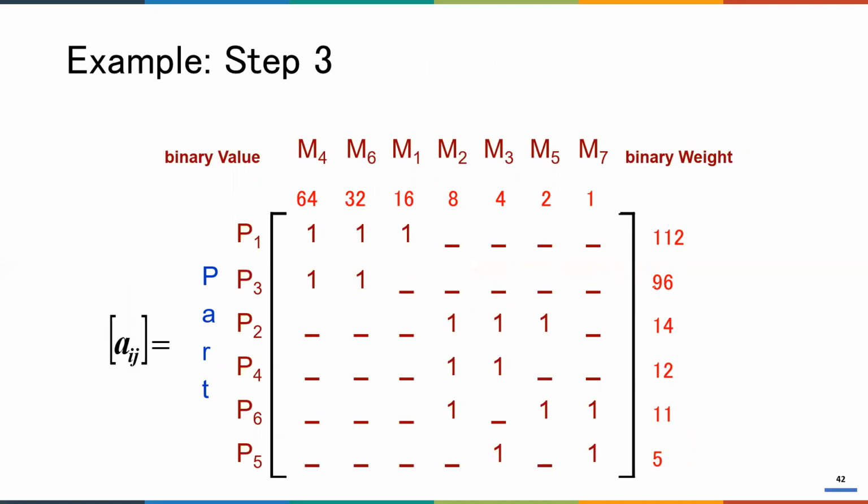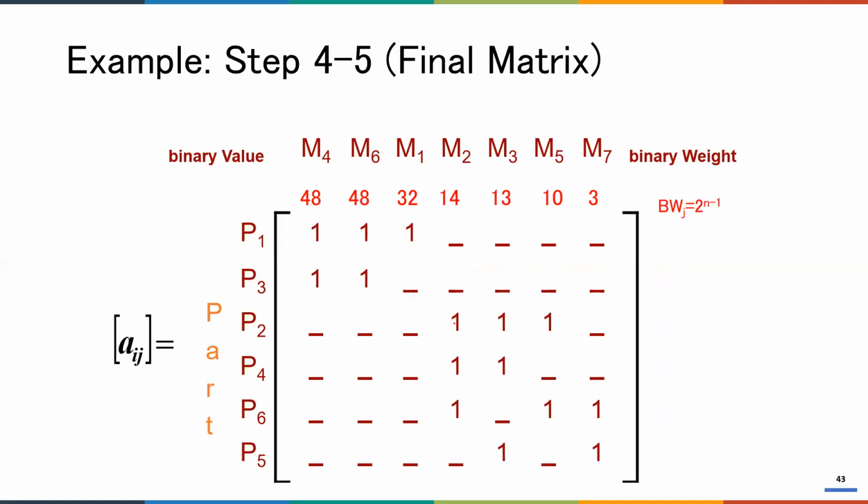As we sort it, we start to see the shape in step 3. And then we need to make sure whether there is an improvement or not by again calculating these binary weights for each.